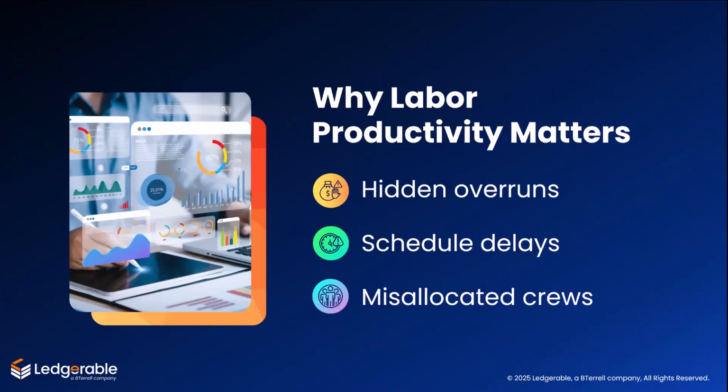The turning point was when they drilled down into the data and saw that some crews were actually hitting or beating the budget. One framing crew consistently finished in 480 hours instead of 500, same scope, same type of work, and that was the breakthrough.